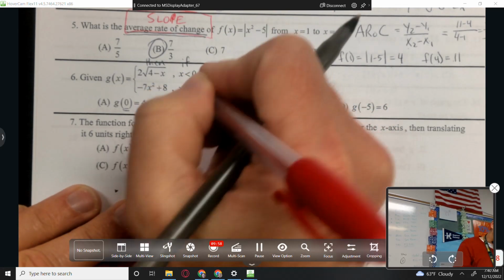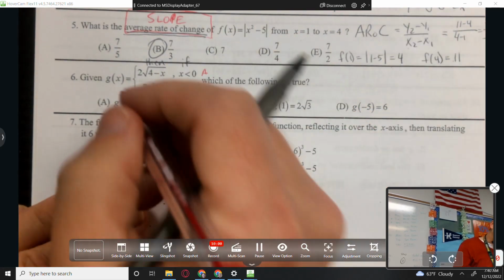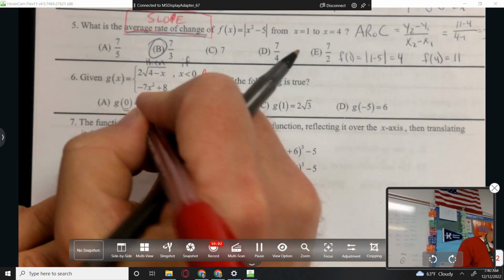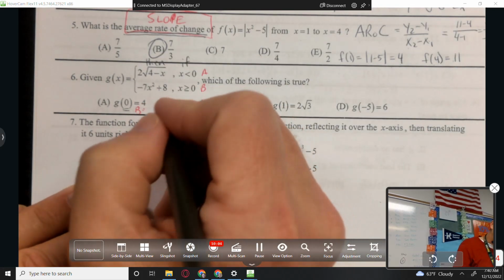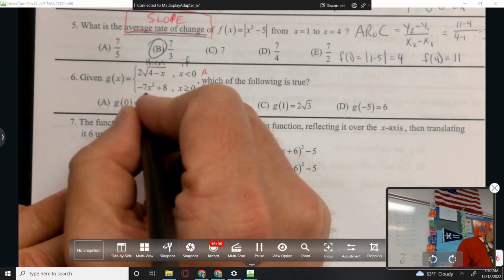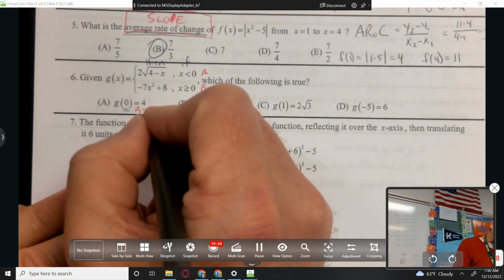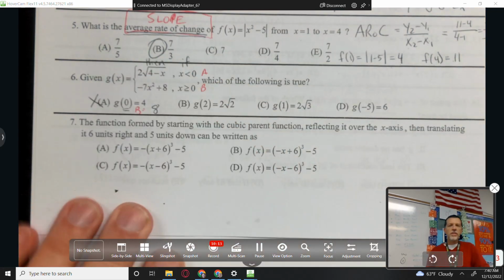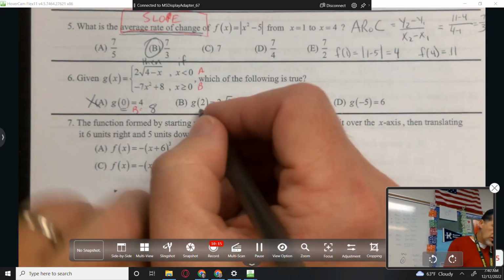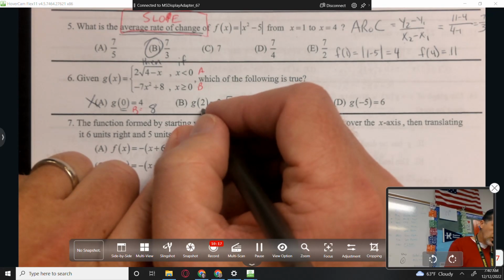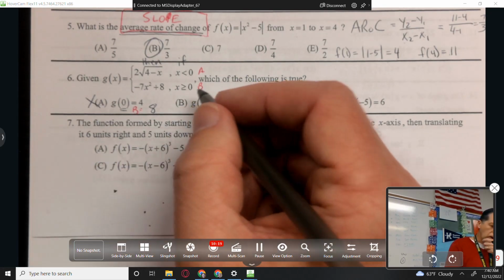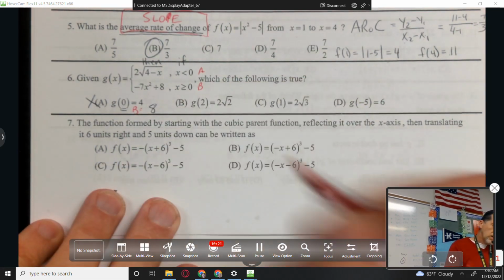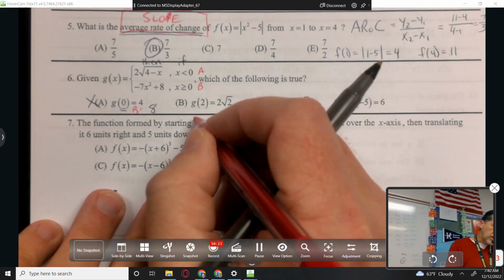well, because of the equal to part, we'll plug it into equation B. And 0 times negative 7 plus 8 is 8. So that one's false. G of 2. Let's see, 2 is greater than 0. So plug it into B again.